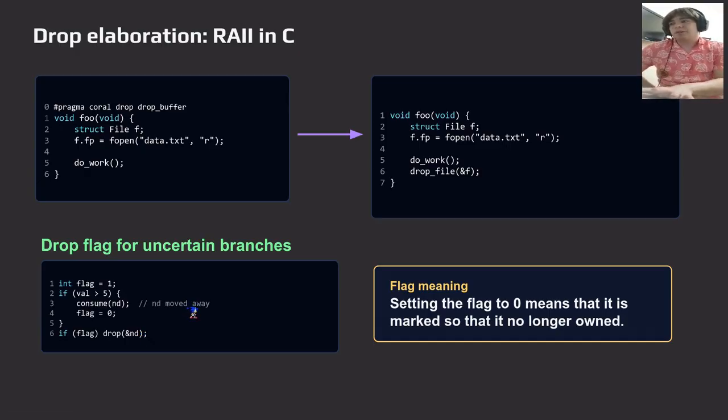Now this is kind of a problem because at compile time you can't really tell if nd is going to be moved or if it's going to be borrowed or not. So how it achieves this is that there's a flag that sets it to 0. In the actual paper, it's going to be like underscore underscore nd dropped. But by setting the flags on these things to 0, we can tell if it's still being borrowed or not.